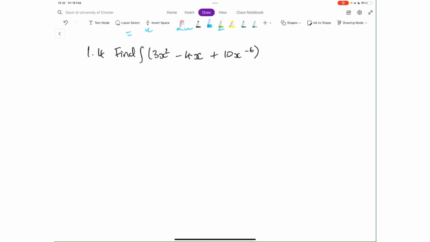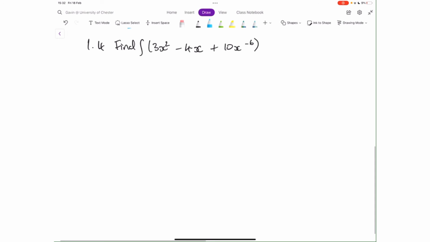Let's have a go at this one. I'm going to add 1 to the power and divide by the power, add 1 to the power and divide by the power, add 1 to the power and divide by the power, plus c. There we go, I've remembered it this time.